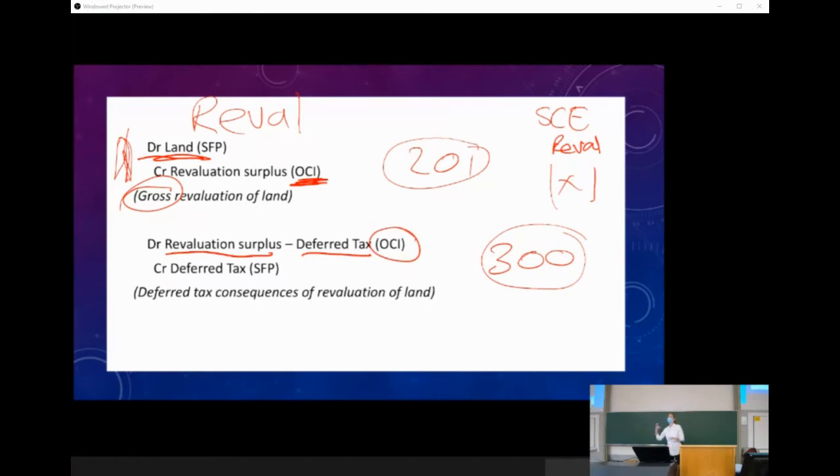Remember we said the tax follows the transaction. You'll see on the face of the income statement in your notes, where I gave you that example, we have our revaluation of land, but we split it up between the gross amount and the deferred tax on that. So these two amounts together, the net of that, is what rolls up into revaluation surplus.